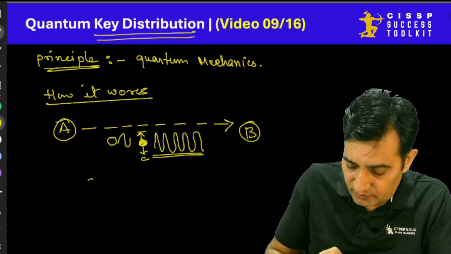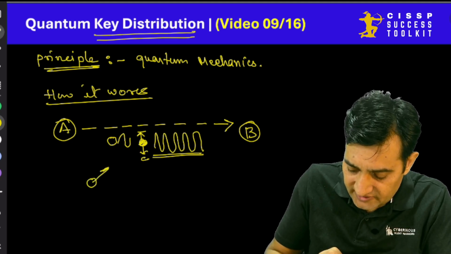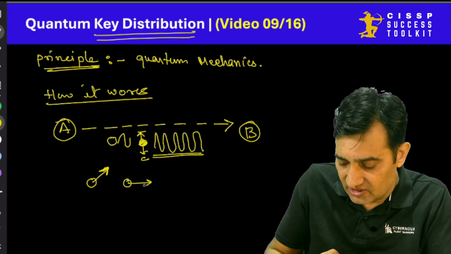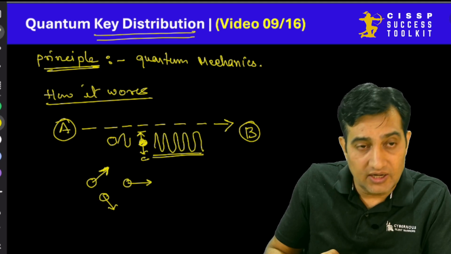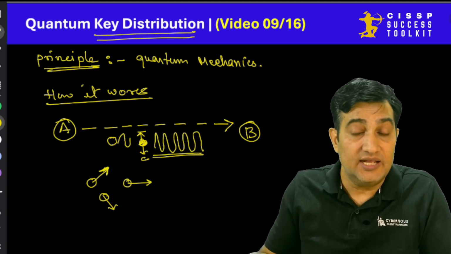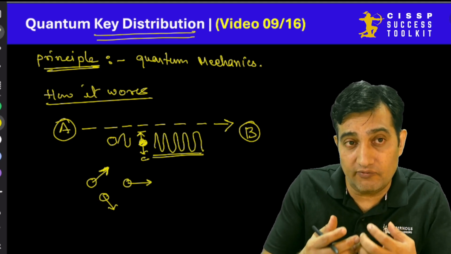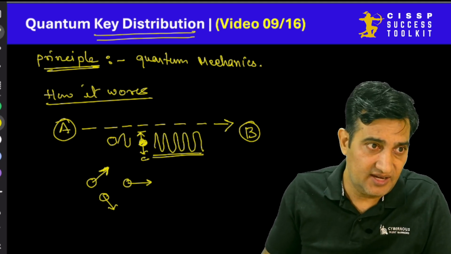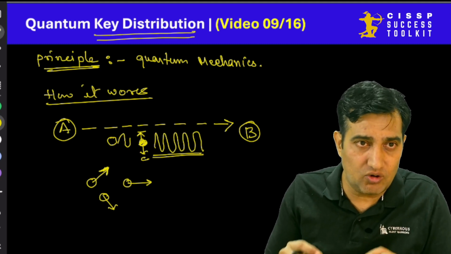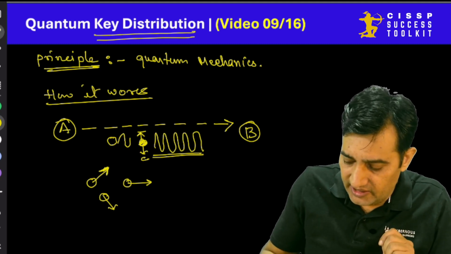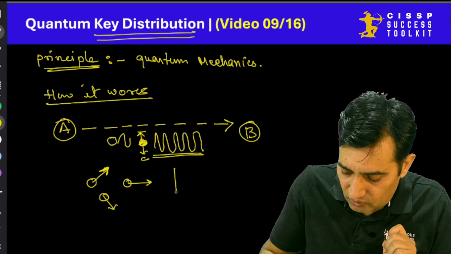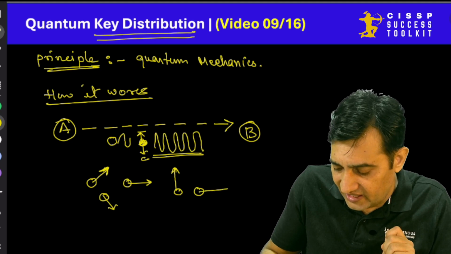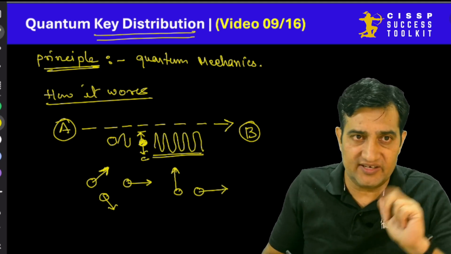They will set up the photon in a particular direction. Let's say this direction, or this direction, or this direction. The mechanism of setting up the direction of a photon is called polarization. And when we want to do this communication between the two parties, either we polarize a quantum particle as vertical, or we tag it as horizontal, two different states.